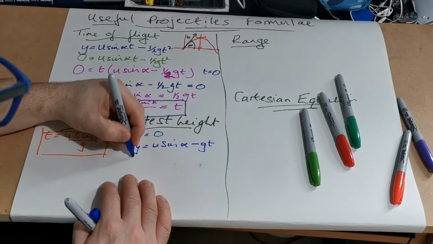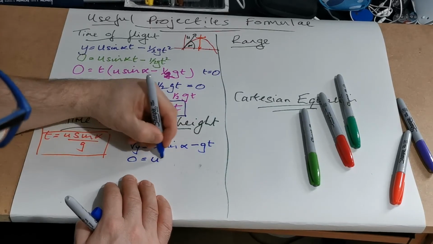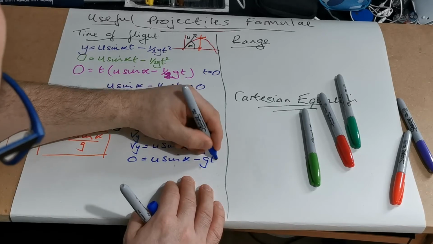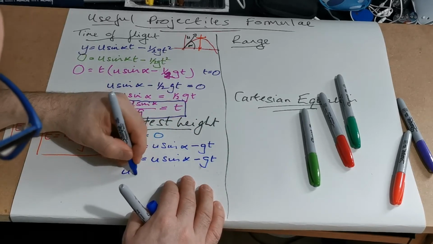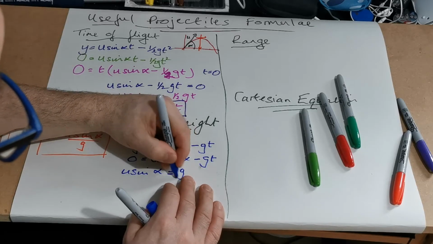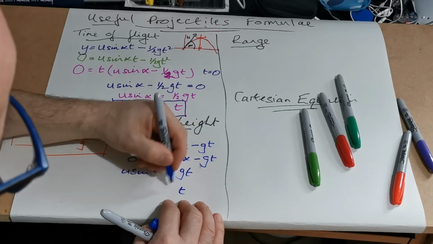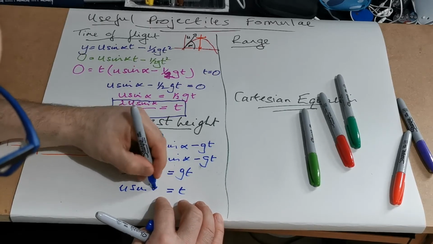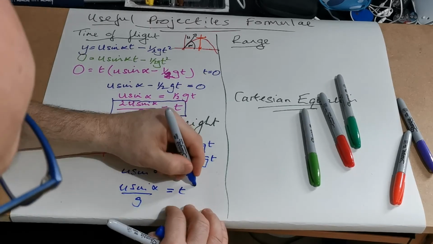Now if that's equal to 0, I've got 0 equals u sine alpha minus gt, which would mean that u sine alpha would equal gt, which means the time to the greatest height would be u sine alpha over g.